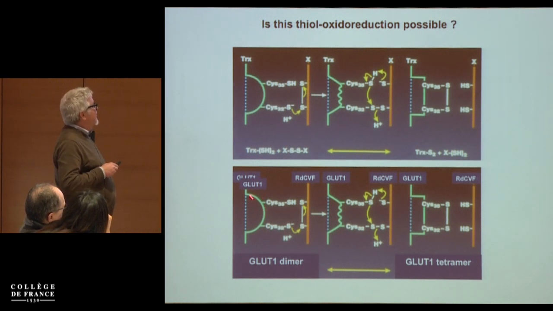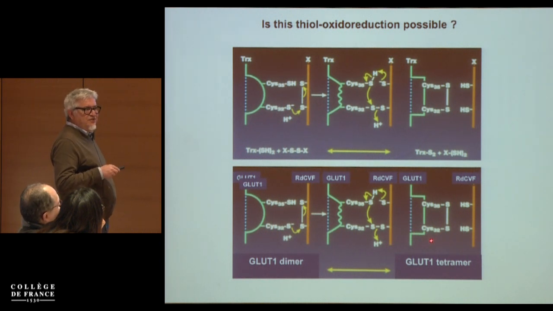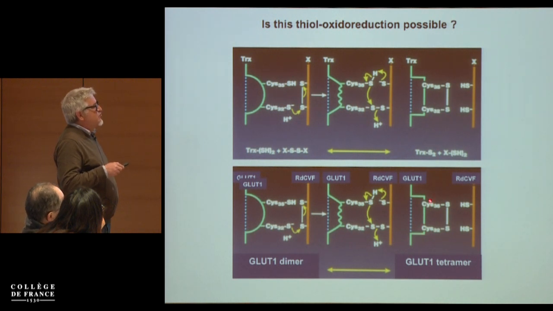So the GLUT1 will be reduced, but RDCVF oxidized. And then with the same reaction, you will make an oxidized form of the GLUT1, while RDCVF becomes reduced. And this oxidized form will correspond to the disulfide bridge existing between the two dimers forming the tetramer.